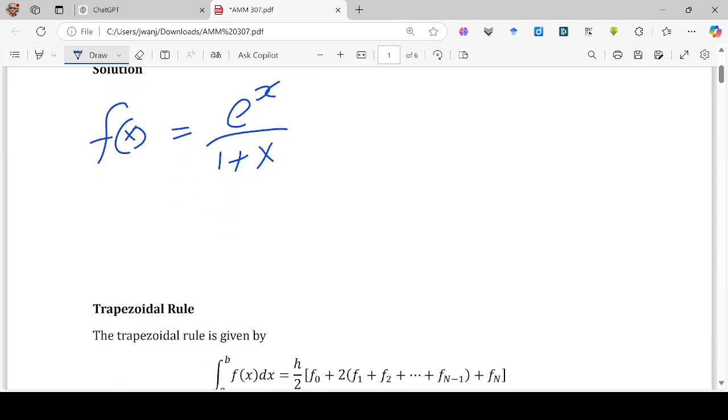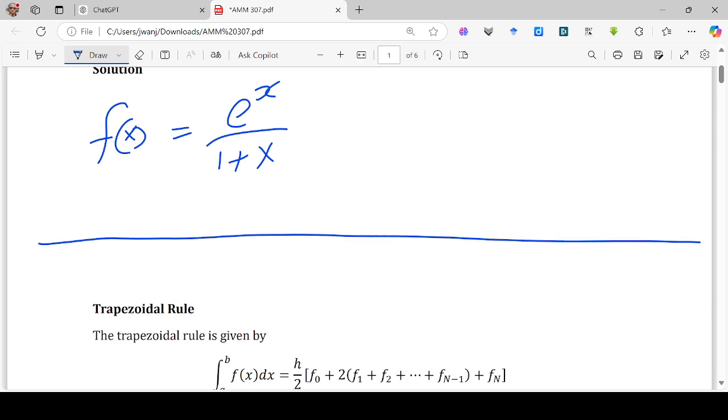So in this case, we just have a table of values x and the corresponding values of the function. So x is 0. Then we use the steps of 0.1. So the next value will be 0.1, then 0.2, 0.3, and so on. So when x is 0, for example, we have e raised to power 0 divided by 1 plus 0, which is 1 divided by 1, which is 1.